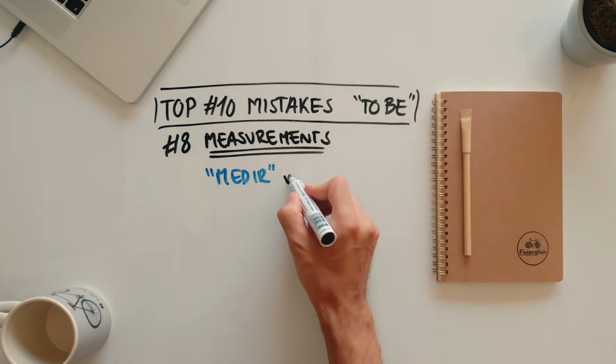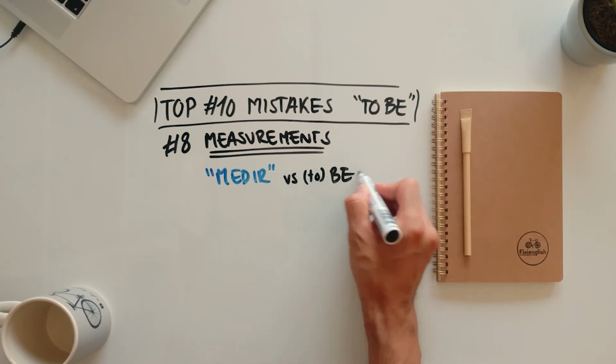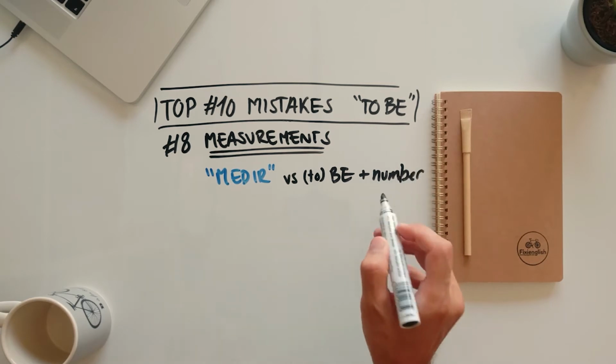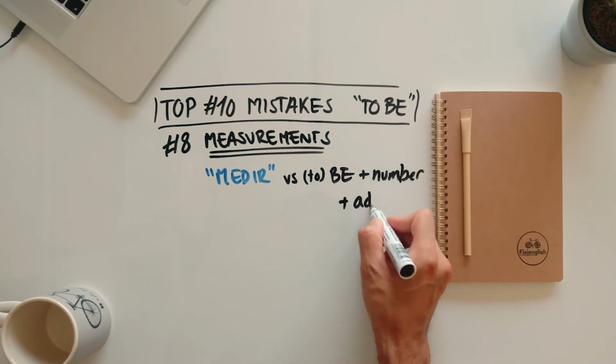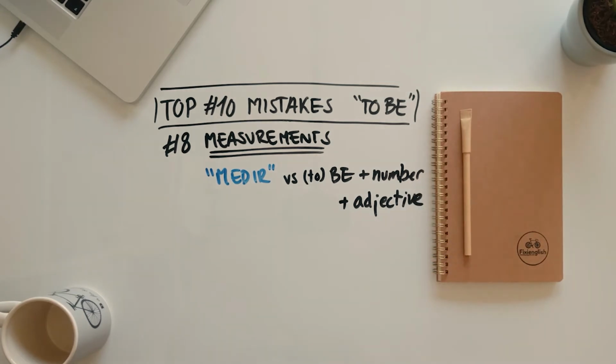But in English, we would have to use the verb to be plus the number or the figure we're expressing plus the adjective according to what we're wanting to express. If it's height, if it's length.